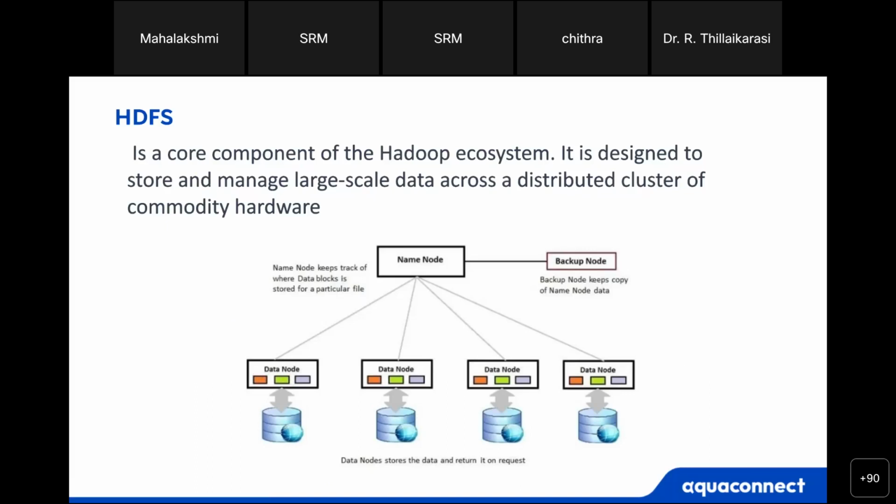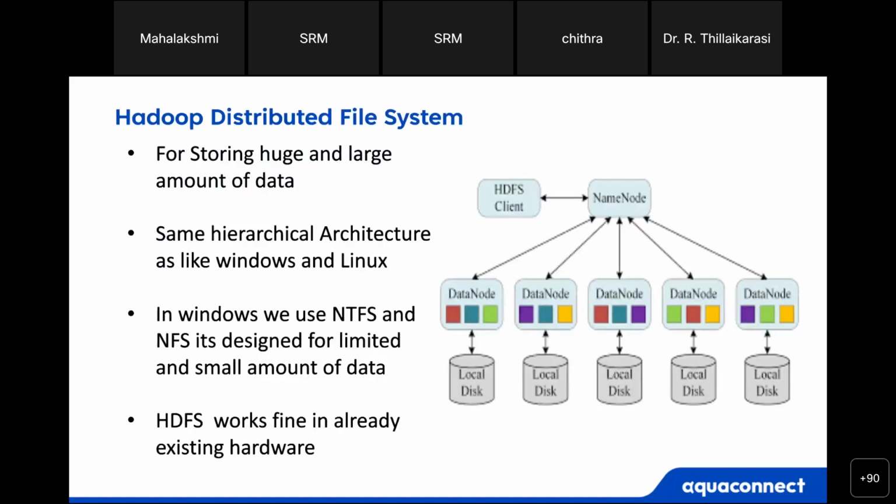After storing the data, how am I able to understand which kind of data is stored where? For that we use the metadata concept. As said, HDFS stores a huge amount of data. It follows the same hierarchy as Linux and Windows.